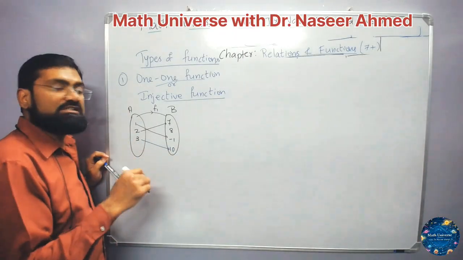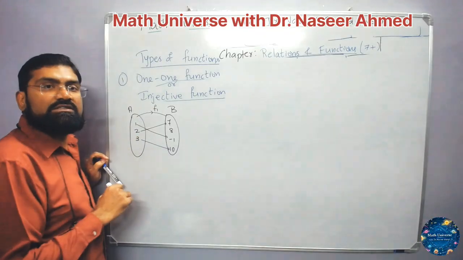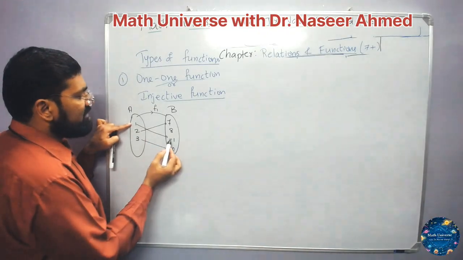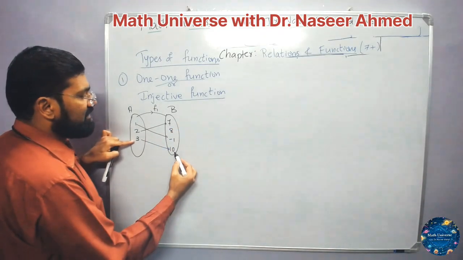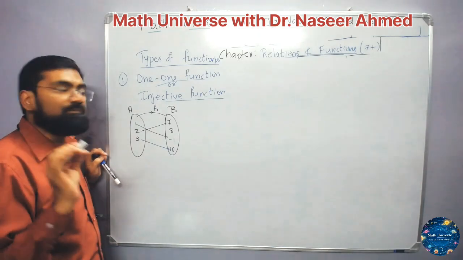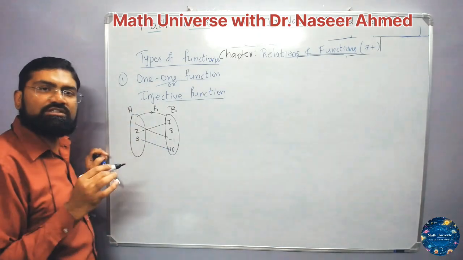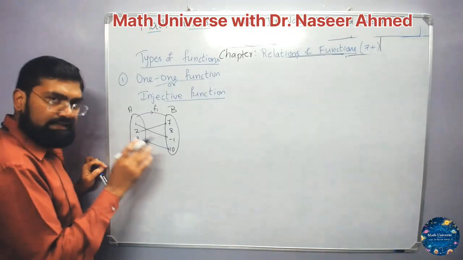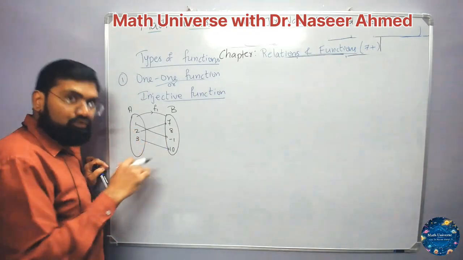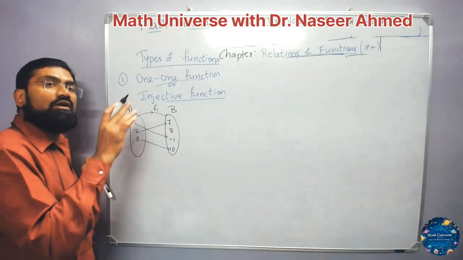The next question is whether they have different images. The image of 1 is -1, of 2 is 7, and of 3 is 10. All have got different images. This we call a one-one function or injective function. Now, when we want to prove it is a one-one function, how are we going to go ahead?